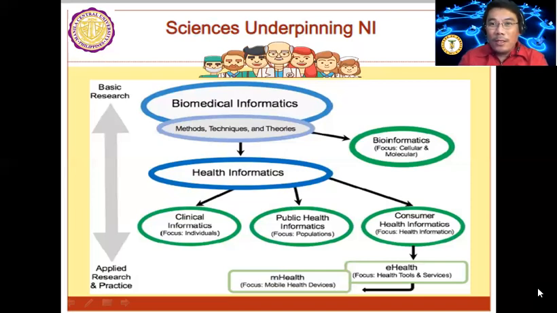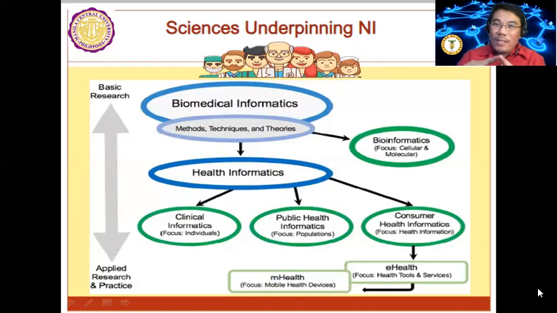If we say patient centered, it may focus on individualized care. Each patient may have a different profile, a different medical history, a different response to drugs, and a different background when it comes to lifestyle. Now, we took clinical informatics as for the individual with the internal and external factors.